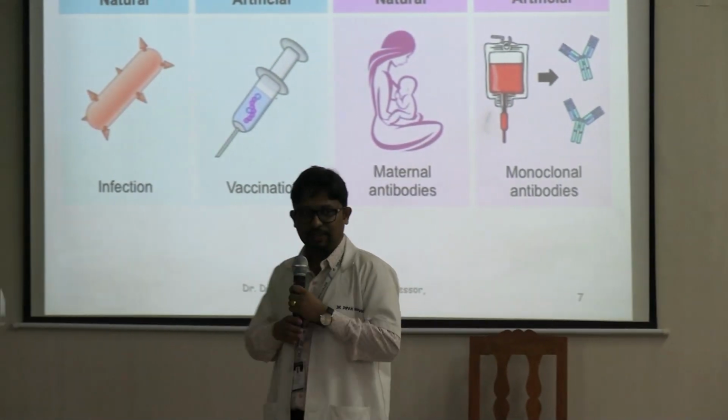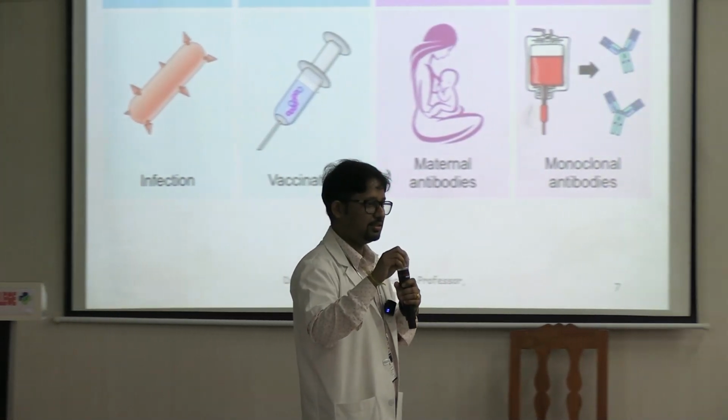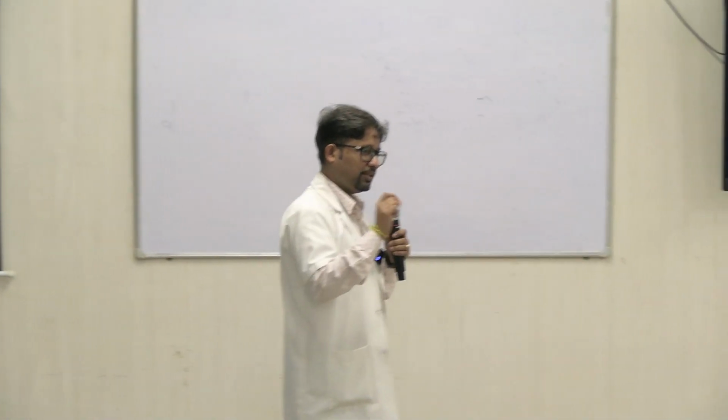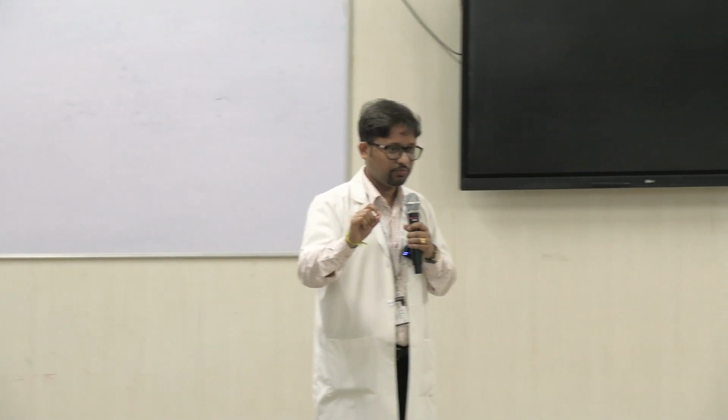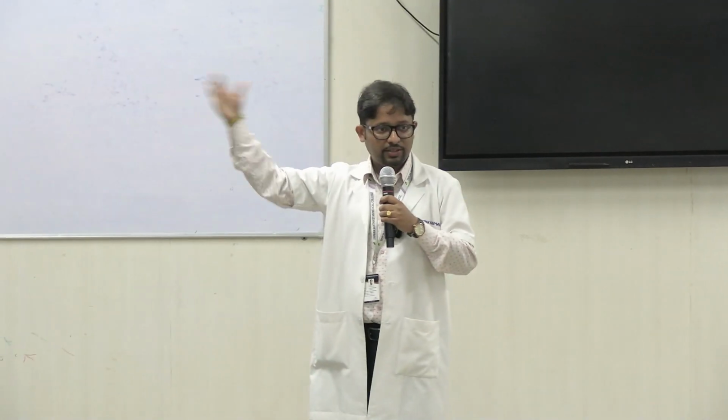This is again an active immunity because we are not giving ready-made granules or ready-made antibodies. We are giving the dead antigen or a weakened antigen. You are introducing that to the body with the understanding that because it is either dead or weakened, it is not going to produce a very strong response, right?